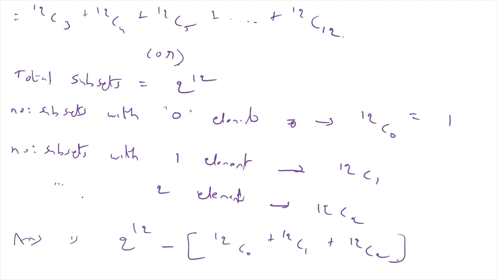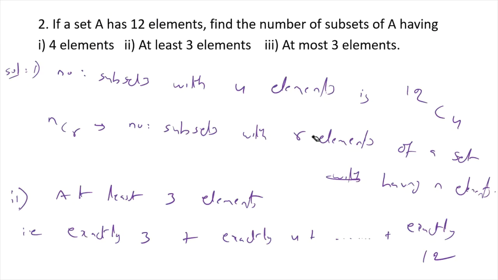Now let us answer the third one. The third one is number of subsets with at most 3 elements. So we have answered the first two, with exactly 4 elements and with at least 3 elements, and the next one we have to answer is at most 3 elements.